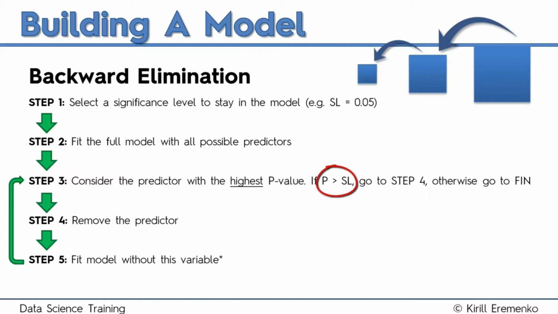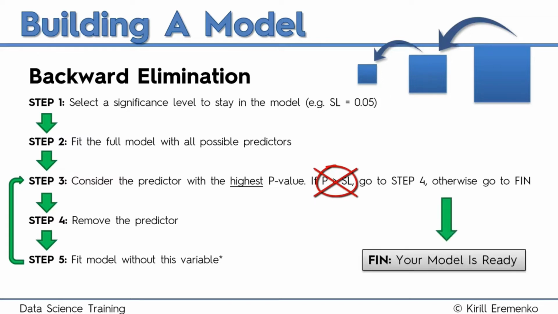So if that condition, p greater than SL, is not true, then you don't go to step 4 anymore, you go to Fin. In this case, Fin is the finish. Your model is ready. As soon as all of the variables that you have left in your model have p-values less than the significance level, your model's prepared. So that's how the backward elimination method works.